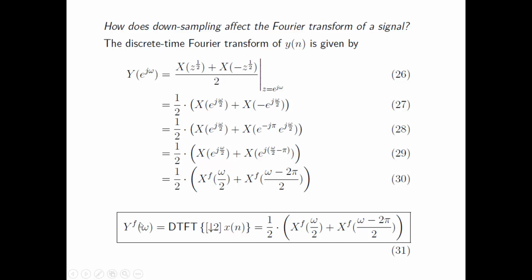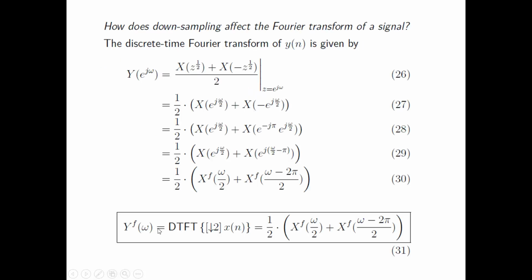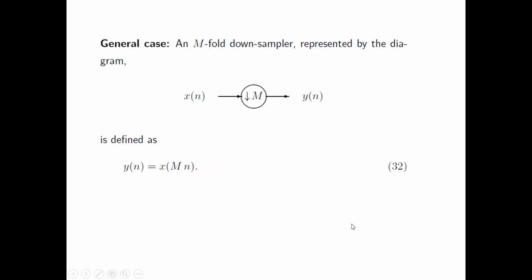So this is the equation that we get after analyzing the Fourier transform of y of n. In my coming lectures we will discuss the spectra of these signals in detail.